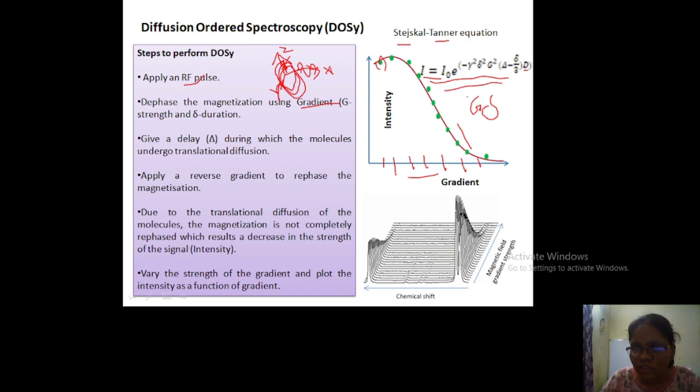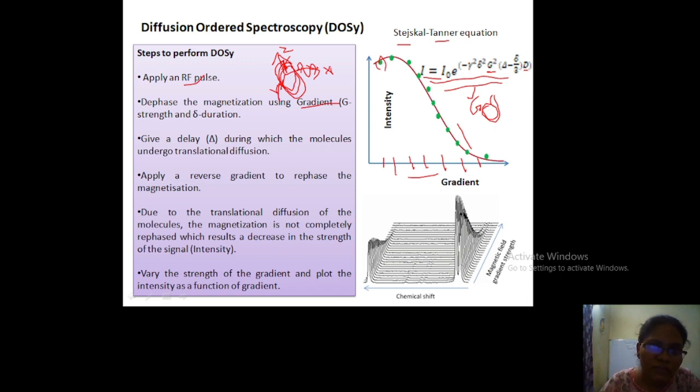This g is nothing but the magnetic field strength of the gradient, and this small delta is the duration for which you are applying this field strength. Here gamma represents the gyromagnetic ratio of a nucleus. Big delta is the time delay during which you are allowing the molecules to diffuse through your sample, through your NMR tube.